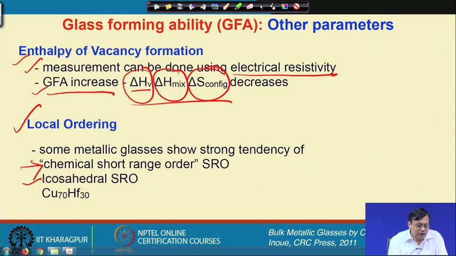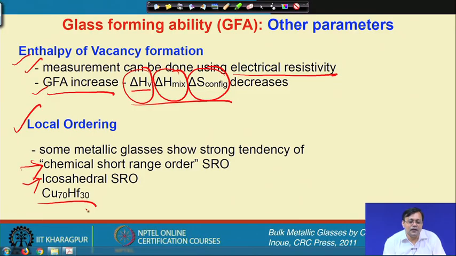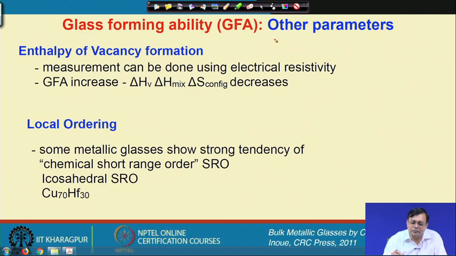Now, let us say a particular type of short range order in terms of structure, icosahedral short range order, which has been observed, let us say, in the case of a binary copper hafnium glass, also gives us a better stability and better glass forming ability. So, these are some of the other parameters which appear to be important in some of the glass forming alloy systems.